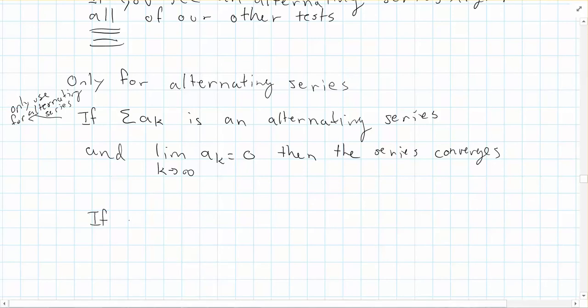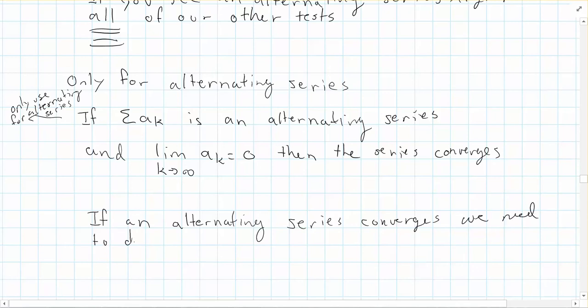Well, then if an alternating series converges, we need to determine if it is absolute or conditional.